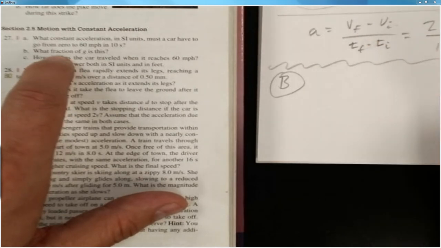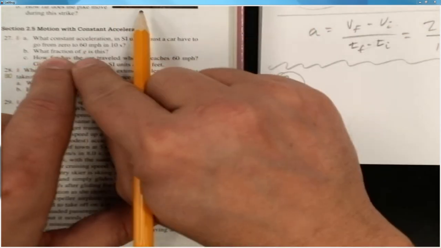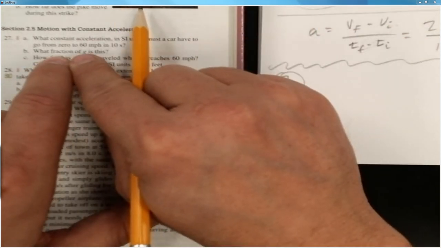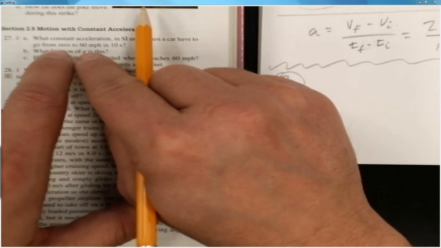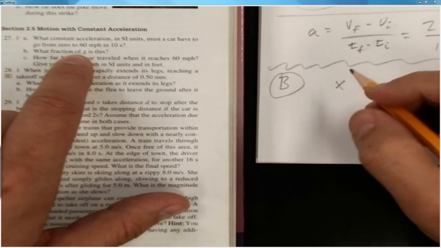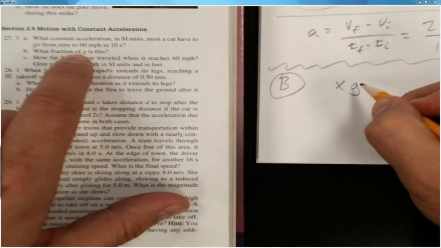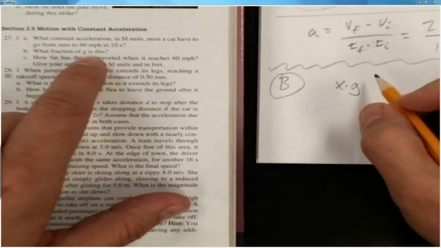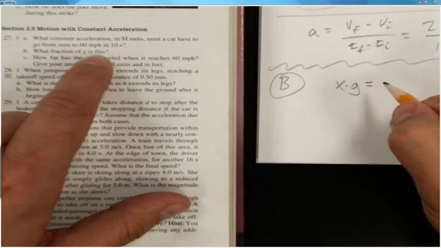I'm just going to use X, even though X can be confusing in physics. X usually means distance. I'm not going to use X for distance, I'm going to use X for my unknown variable. What fraction? I'm going to call what fraction X. X multiplied by G, because the word of means multiplied. So X times G.